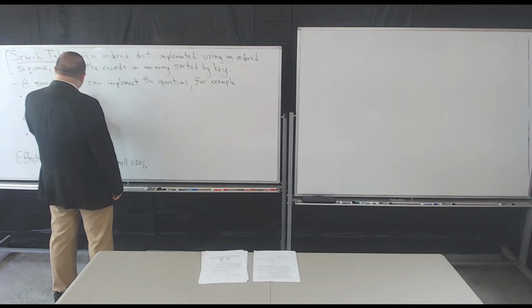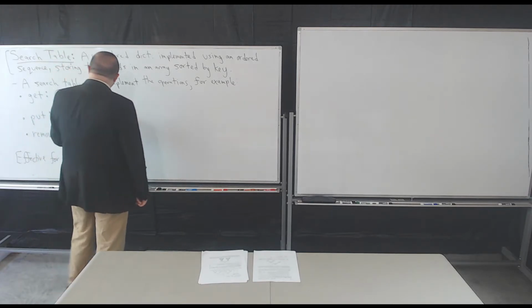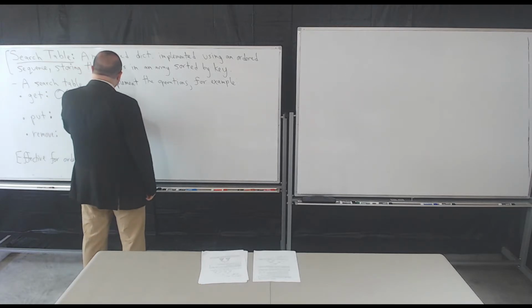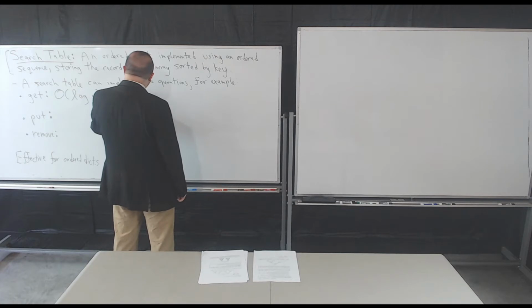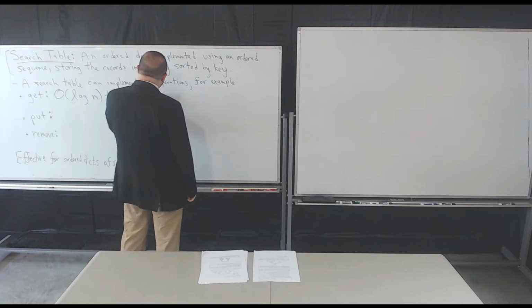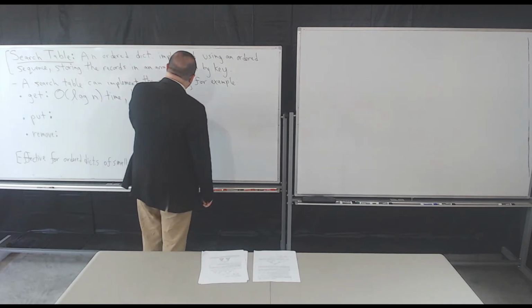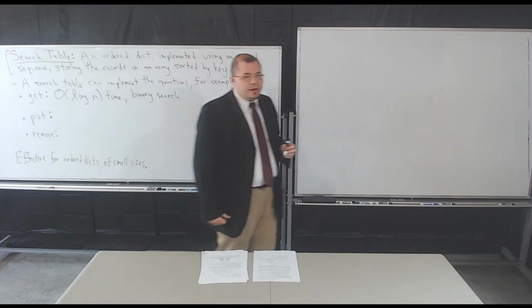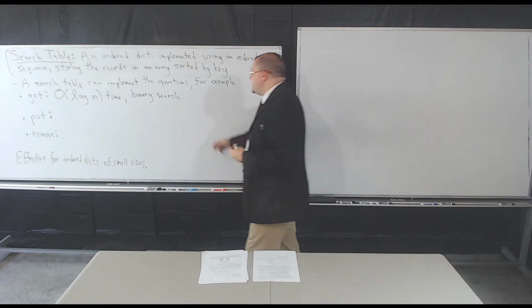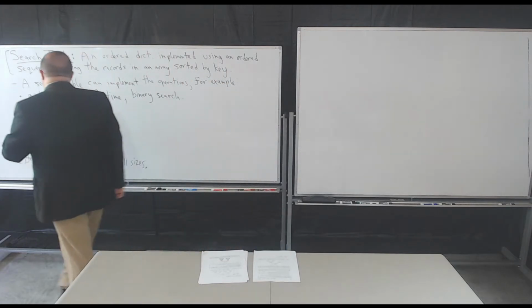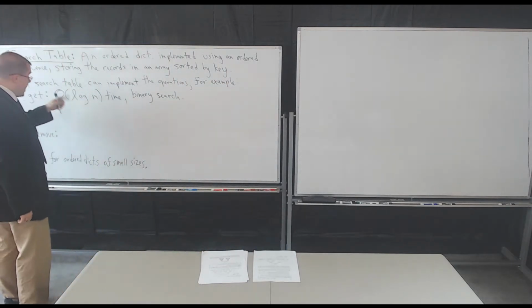You can do this, of course, in log n time. How? Just modify binary search a little bit, right? If you don't find the record, instead of returning -1, you'd return null. So you can easily modify it, and we can get in log n.